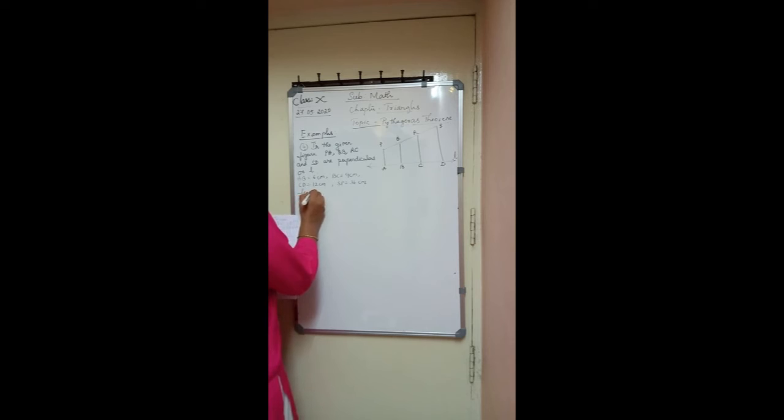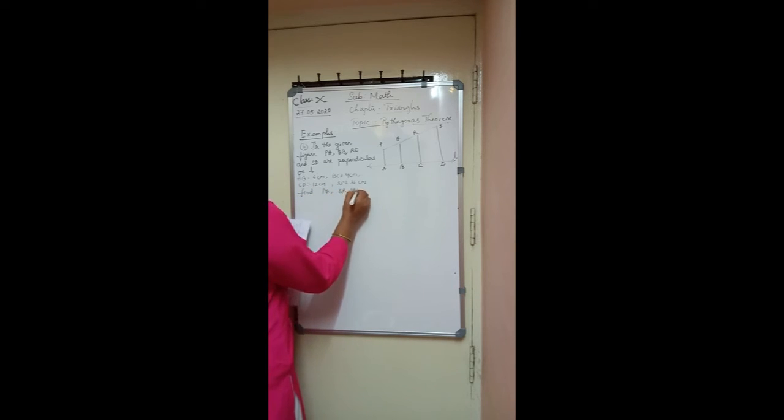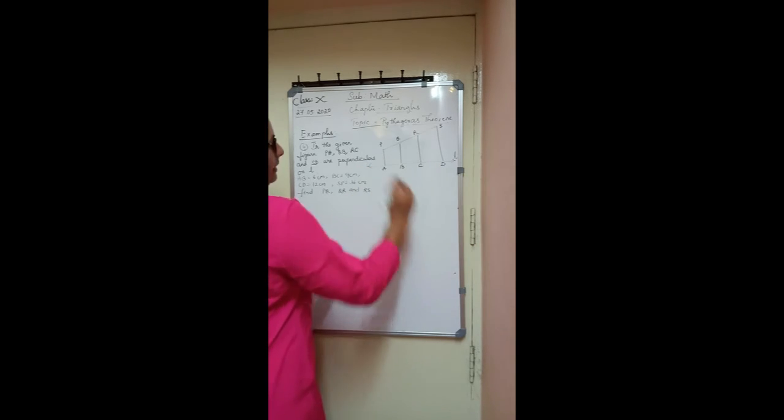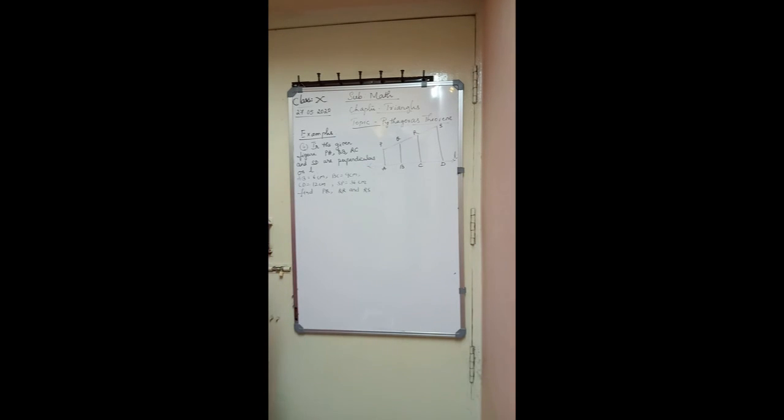Find PQ, QR and RS. How will we find these sides PQ, QR and RS?